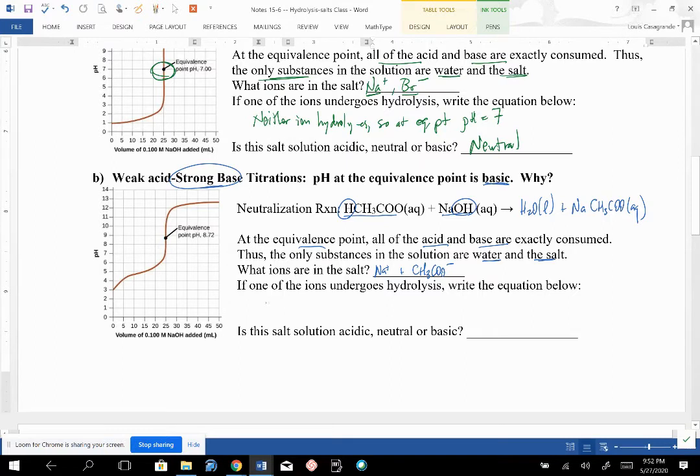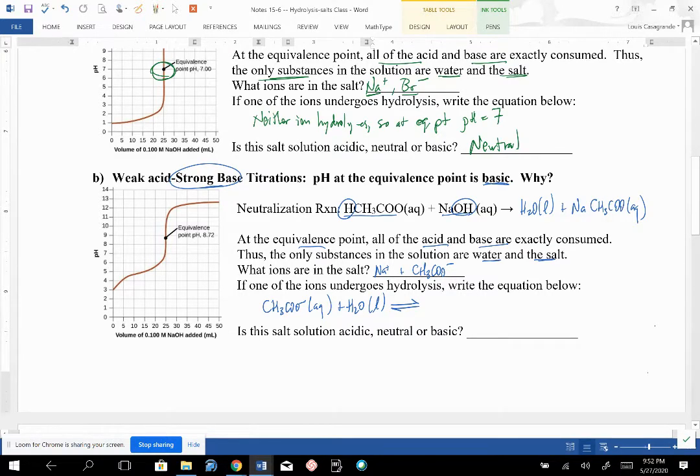And so that acetate undergoes hydrolysis because, as we saw before, that acetate is in that region between hydroxide and hydronium. And I should actually be writing these as equilibria.